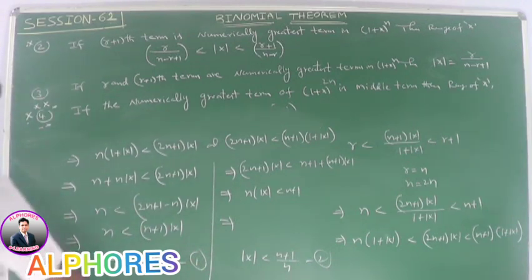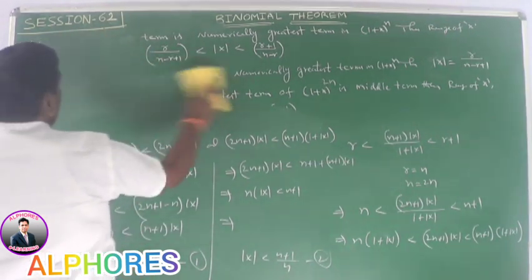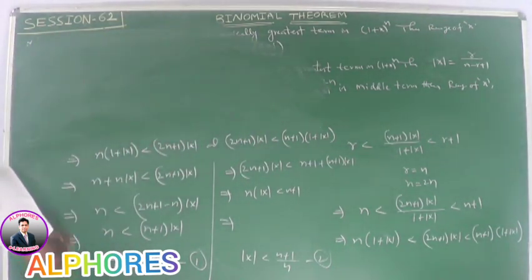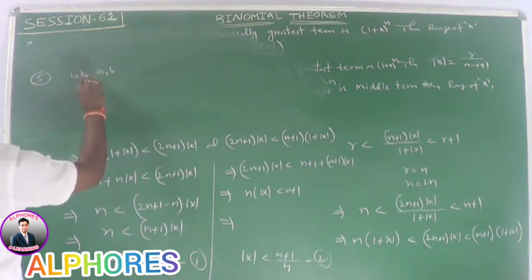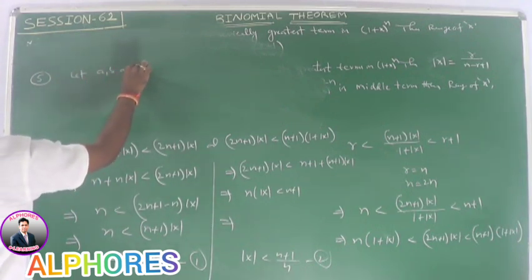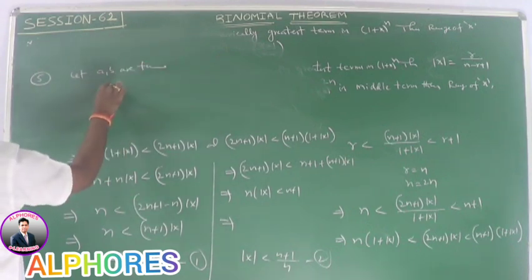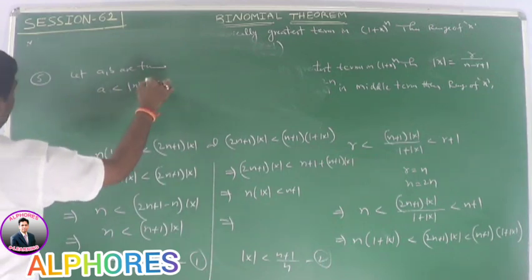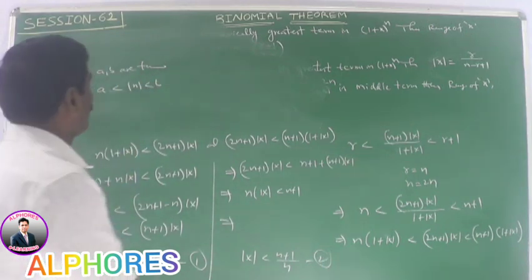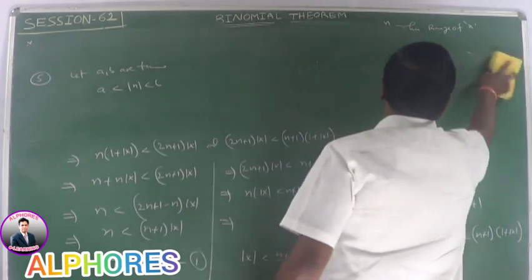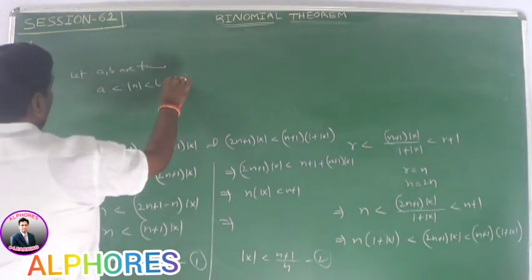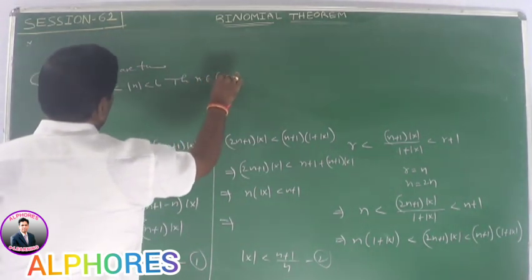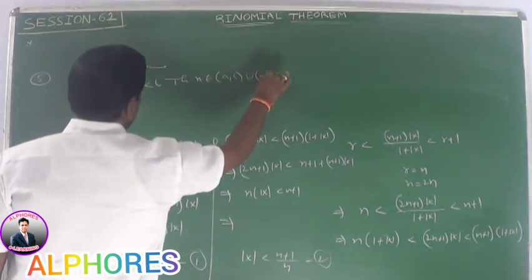Please note this value, fifth one. Let a, b be two positive real numbers such that a is less than mod x less than b, then x belongs to (a to b) union (minus b to minus a).